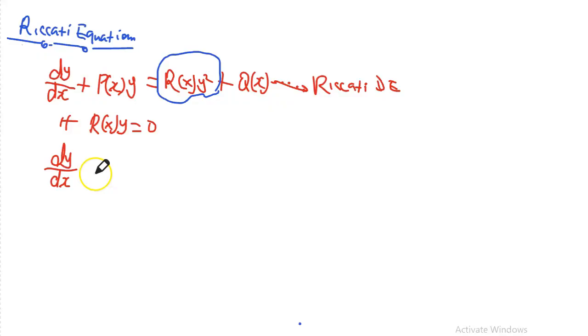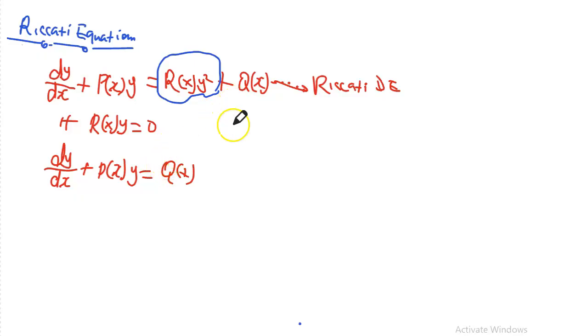So you will therefore have dy/dx plus p(x)y equal to q(x), because we already know that r(x)y squared is equal to 0.